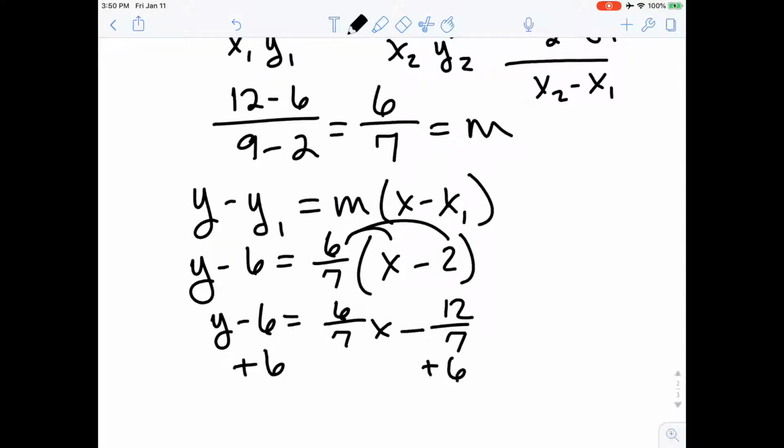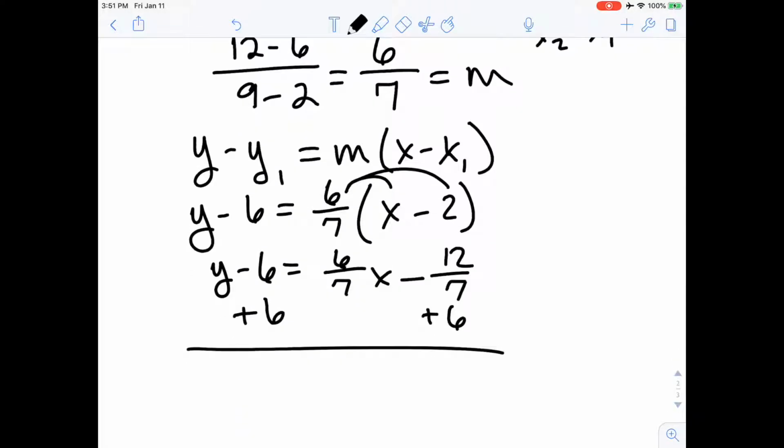Now, if multiplying a number by a fraction is confusing, please use a calculator. I'll assume if you're in college algebra now, you know how to take a constant number times a fraction. Now, if you add these together, you should get y equals 6/7 x.